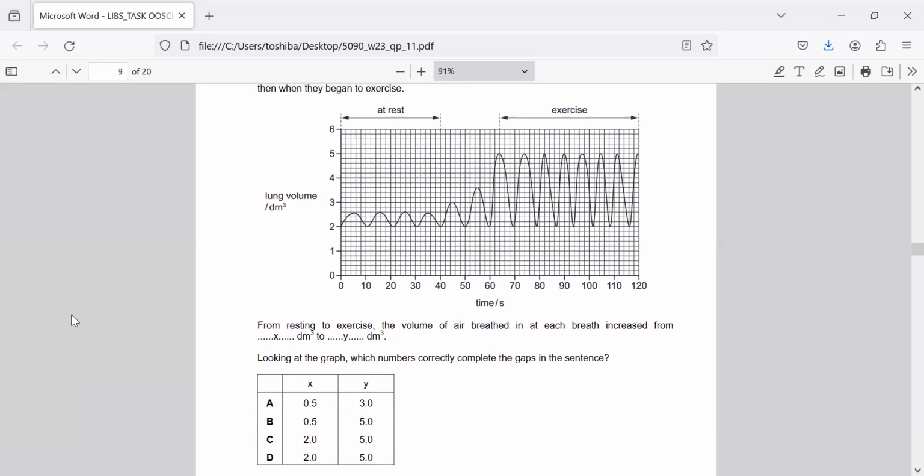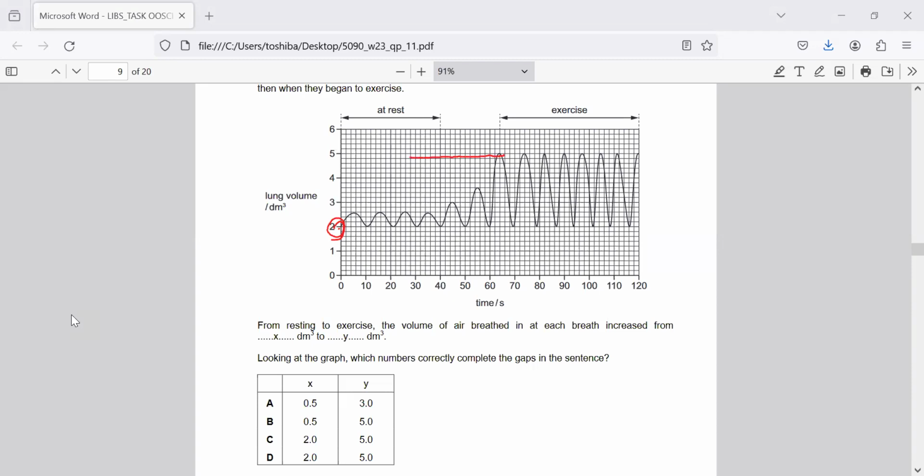Okay, let's see. From resting to exercise, the volume of air breathed in at each breath increased from x. So it is 2. And after exercise it is increased from 2 to 5. You can see in this graph.